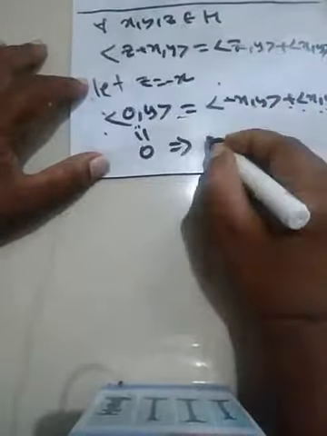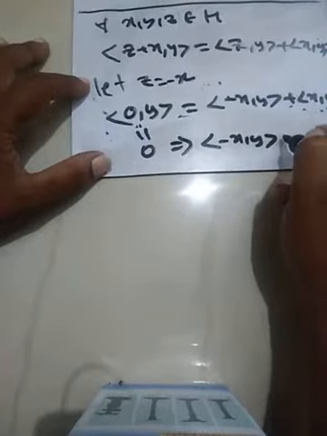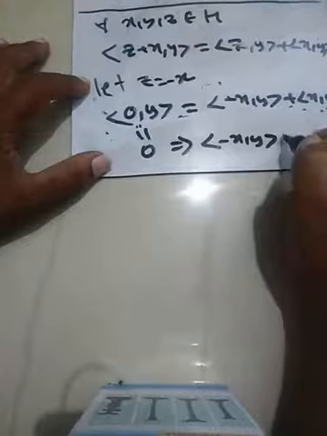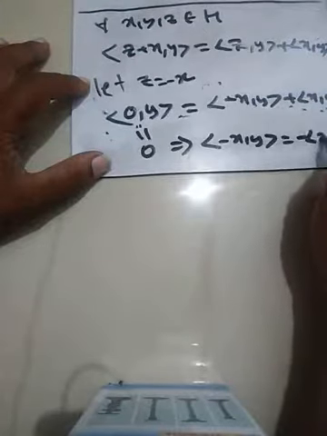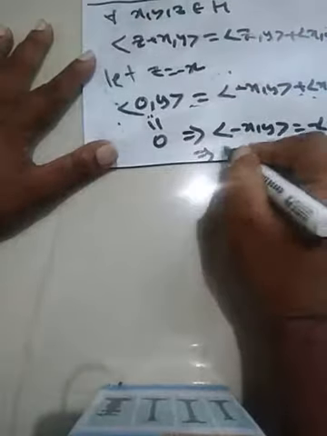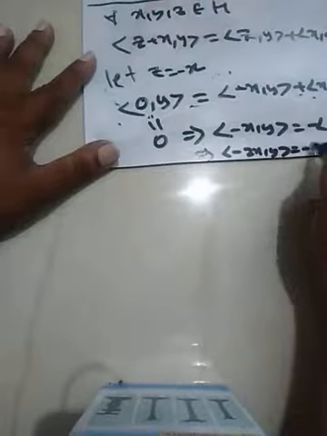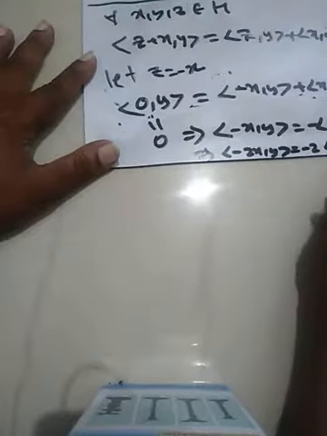So what does this imply? This implies that minus the inner product of x with y, this plus this is 0, so this is minus the inner product of x with y. In other words, this clearly implies that the inner product of 2x comma y would be minus 2 times the inner product of x with y.